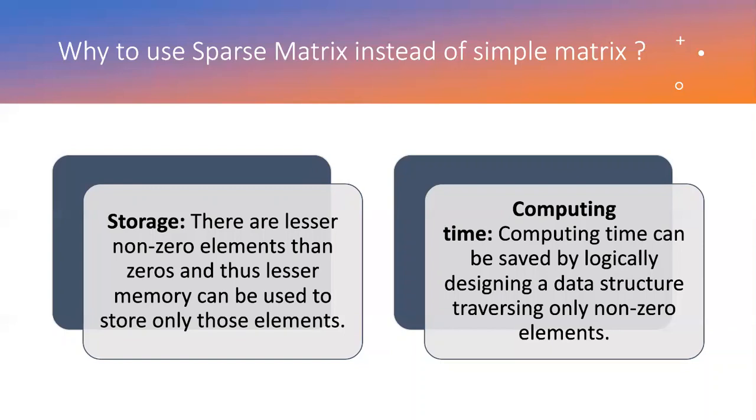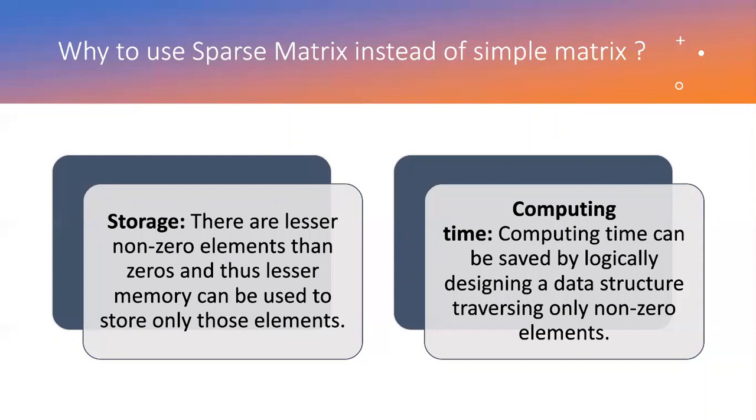Now going on to computing: computing time will be saved by logically designing a data structure that transfers only non-zero elements. This is one of the greatest things about the sparse matrix.